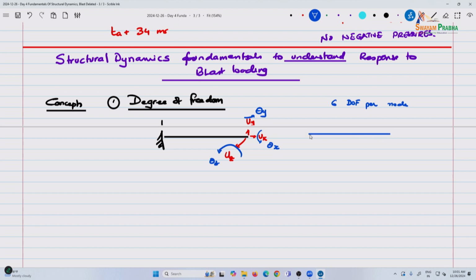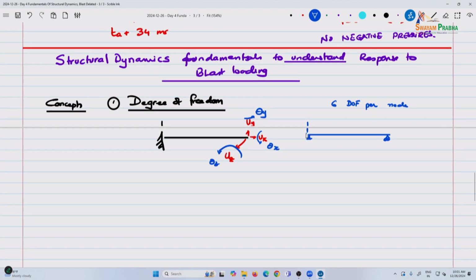If you do the same thing, some of these are constrained, of course. Let's say you have these degrees of freedom here and here, and you have this degree of freedom constrained, but these are nodal degrees of freedom. So these are called nodal DOFs.